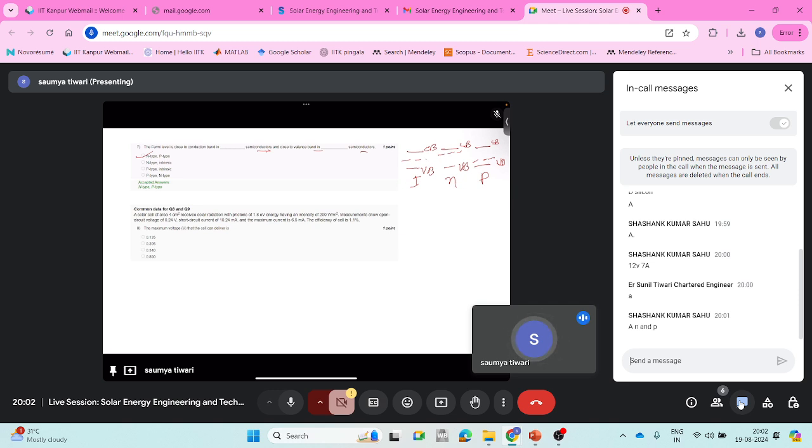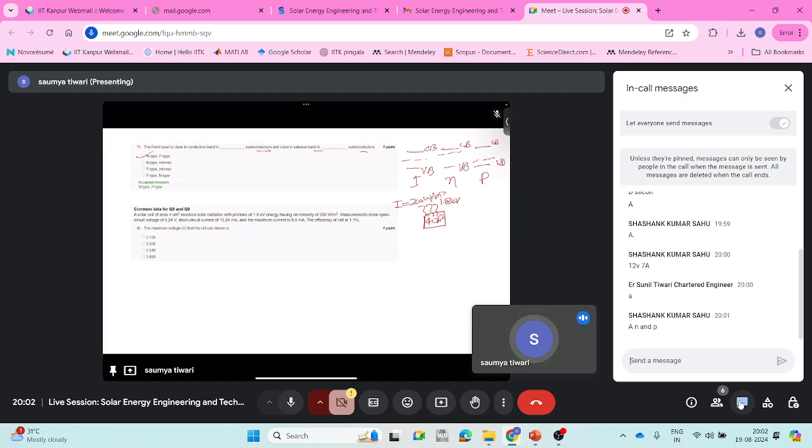Now this is one numerical problem. I will read out the question. A solar cell of area 4 centimeter square receives solar radiation with a photon energy of 1.8 electron volt, having an intensity of 200 watt per meter square.